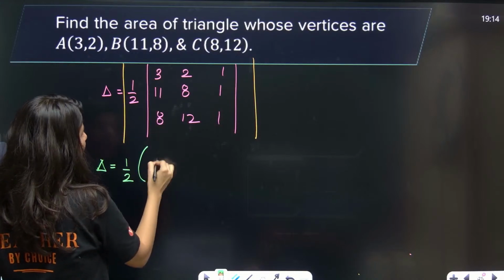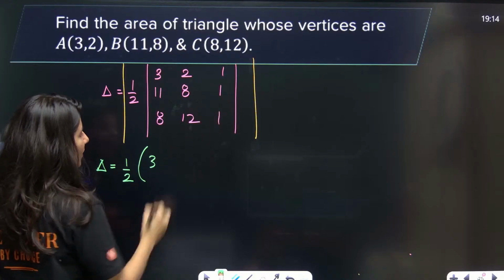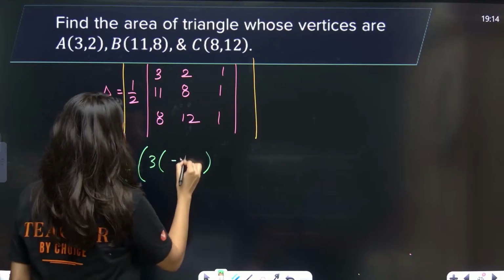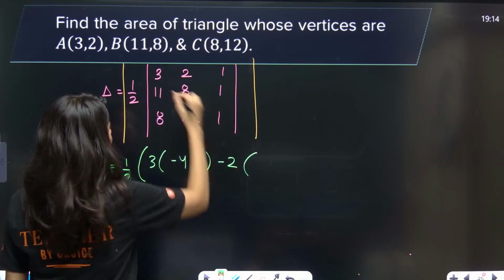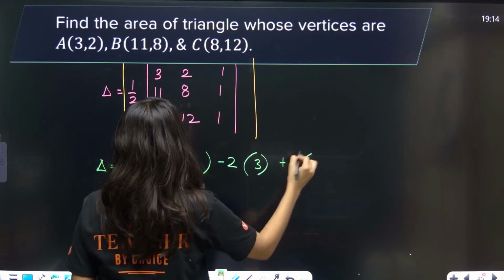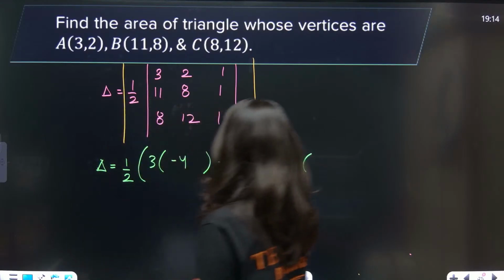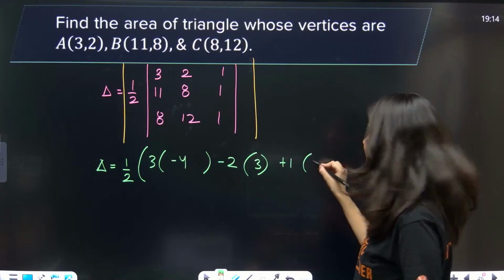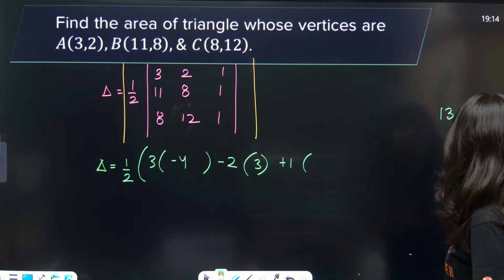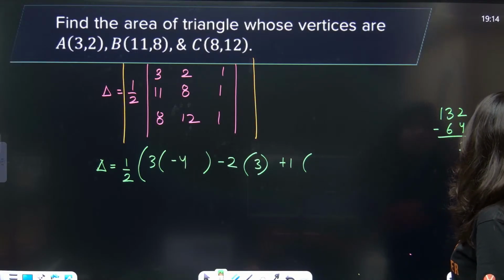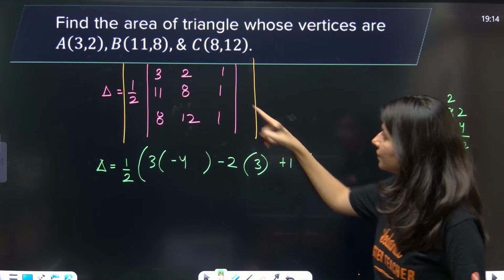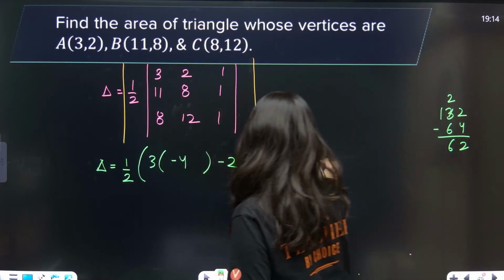So, this is 3 into 8 minus 12. 8 minus 12 is minus 4. Minus 2 into 11 minus 8. Then plus 1 into 11 into 12, which is 132 minus 64. So 132 minus 64, so 62.